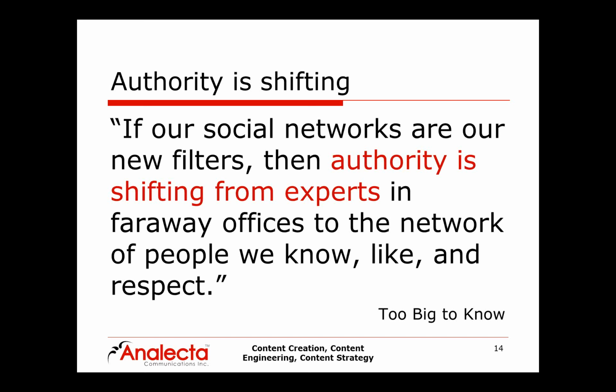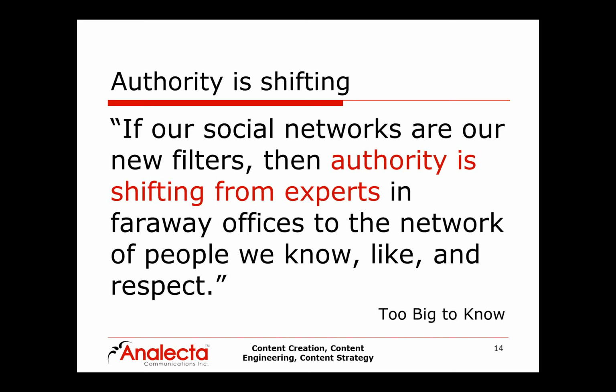Another really interesting thing that Weinberger says in Too Big to Know is that this involves a huge shift in authority. If our social networks are our new filters, and a lot of the filtering that we do on the web is through social networks, then authority is shifting from experts in faraway offices to a network of people we know, like, and respect.